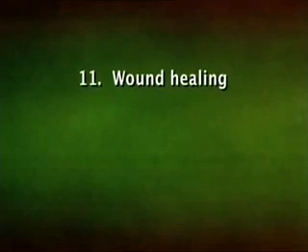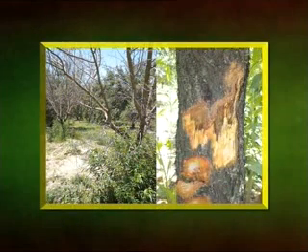Last but not the least important property shown by the trees is wound healing. CODIT phenomena is also operative in wound healing. Once a tree is wounded, the tree forms new wood and bark to cover the wound.